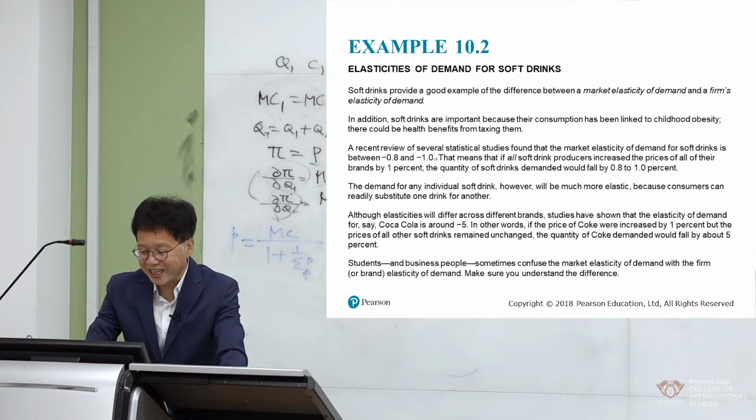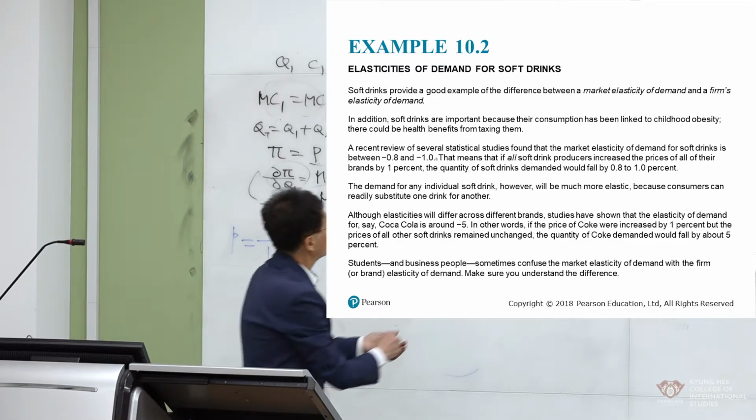The demand for any individual soft drink, however, will be much more elastic because consumers can readily substitute one drink for another. Right? Although elasticity will differ across brands, studies have shown that the elasticity of demand for, say, Coke is around minus 5.